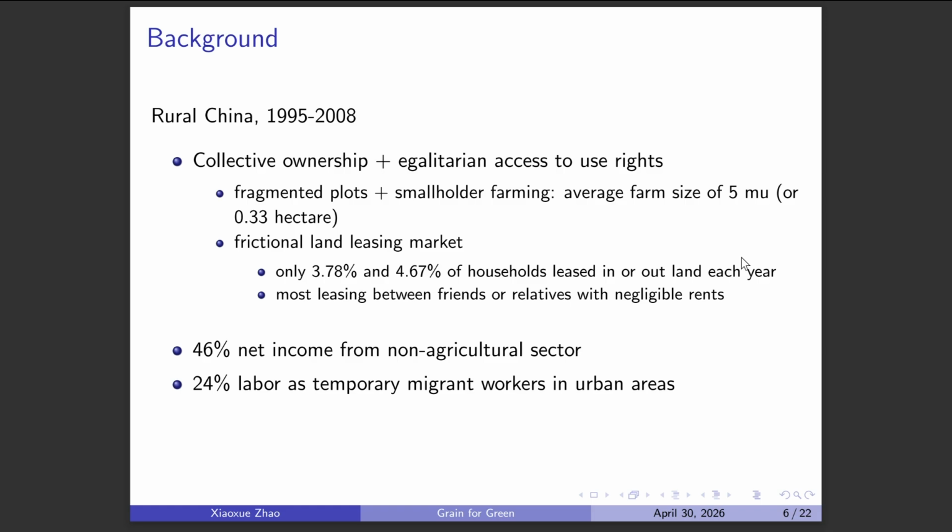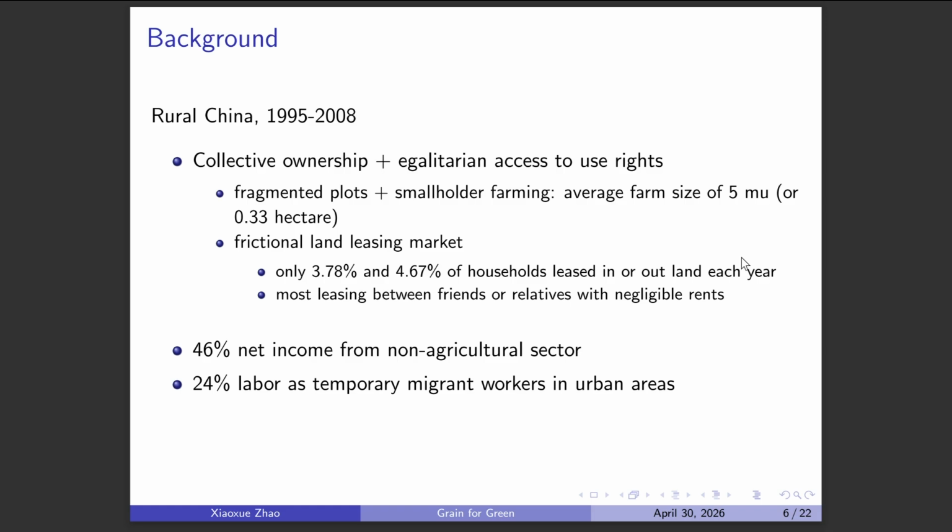In this paper, we are going to focus on rural China during the time period between 1995 and 2008. In rural China, land is collectively owned at the village level, whereas the use rights of individual plots are distributed and frequently redistributed across households in a highly egalitarian fashion.